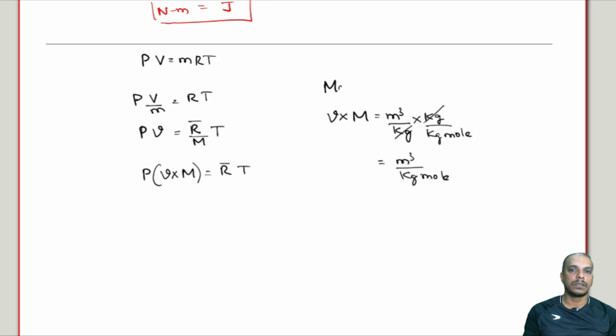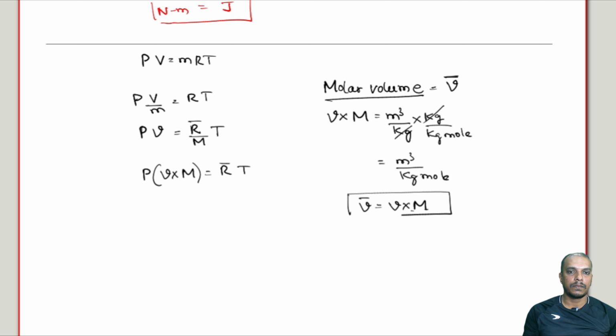So this is called the molar volume. Molar volume is denoted by the letter V bar. So V bar is equal to V into molecular weight. So P into V bar is equal to R bar T.